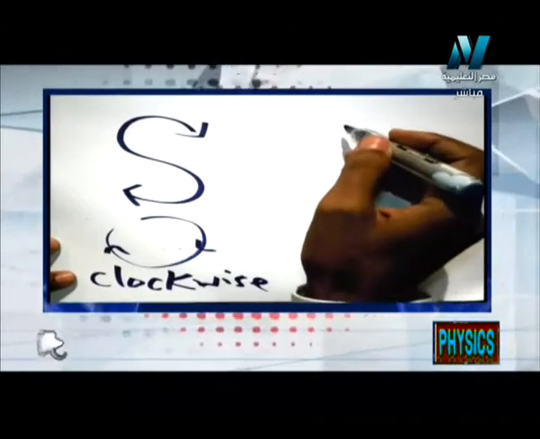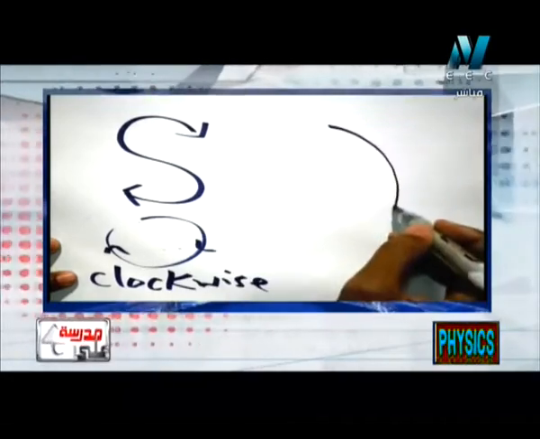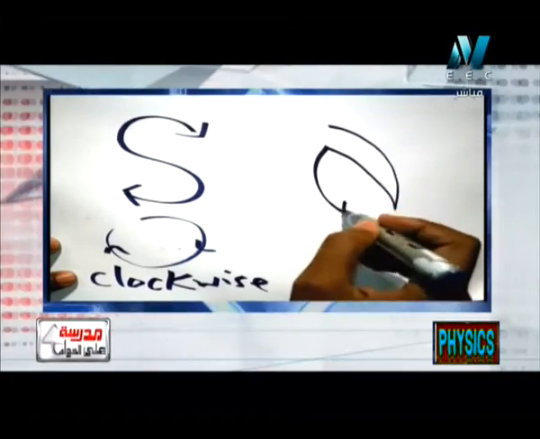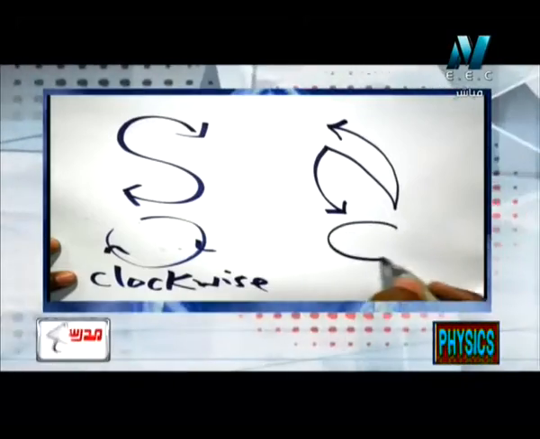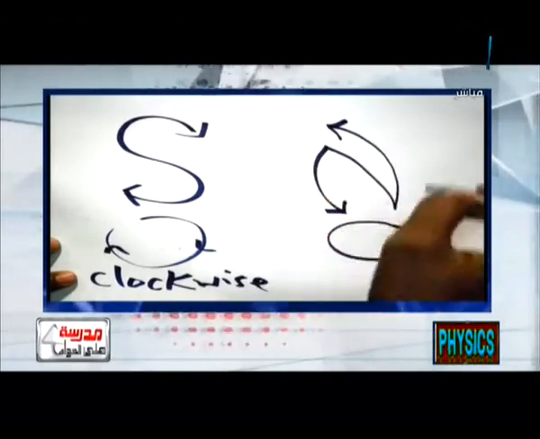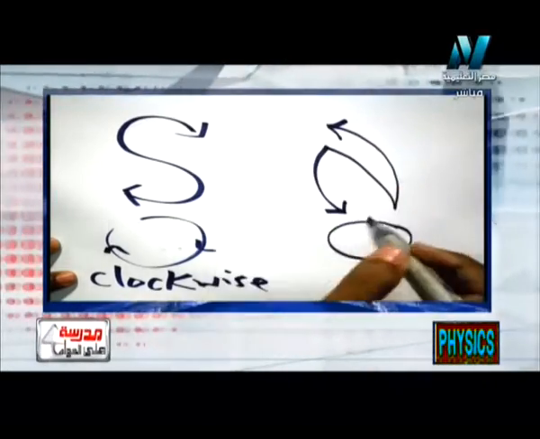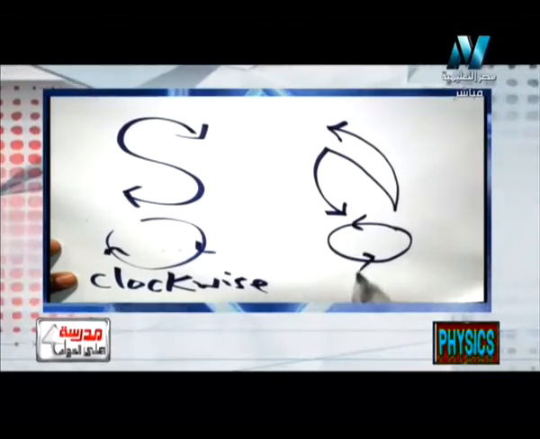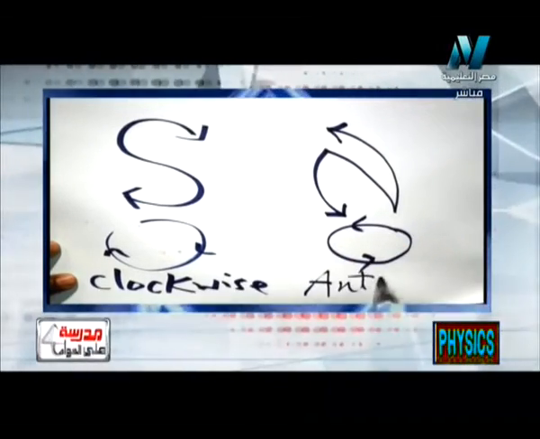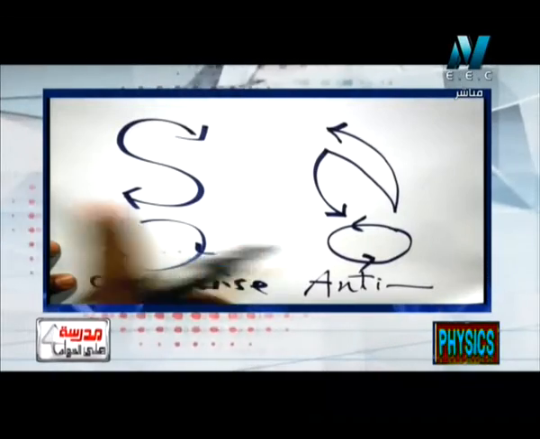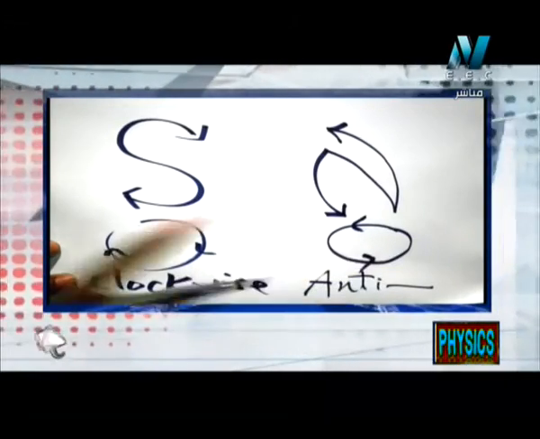But when the current moves like this, anti-clockwise or counterclockwise, it represents a north pole of the magnet.